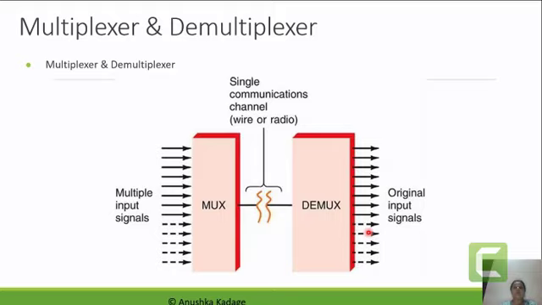And this whole task is done to transfer the parallel data in serial form, so as to reduce the number of channel requirements for the transmission operation. This is how the muxes and demuxes, that is multiplexers and demultiplexers, play their role in reducing the requirement of the number of channels in the whole communication process.